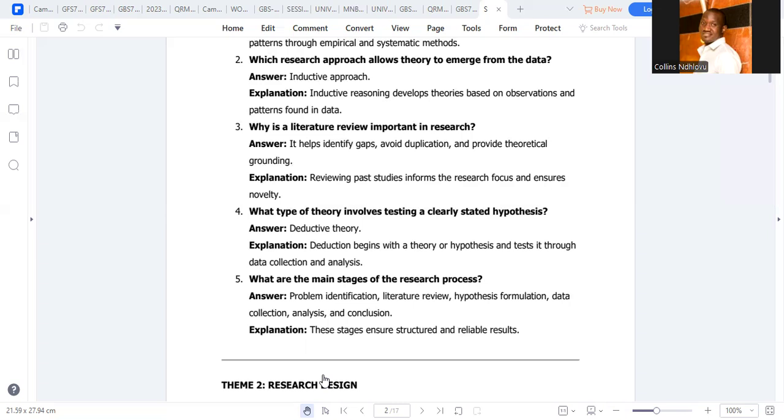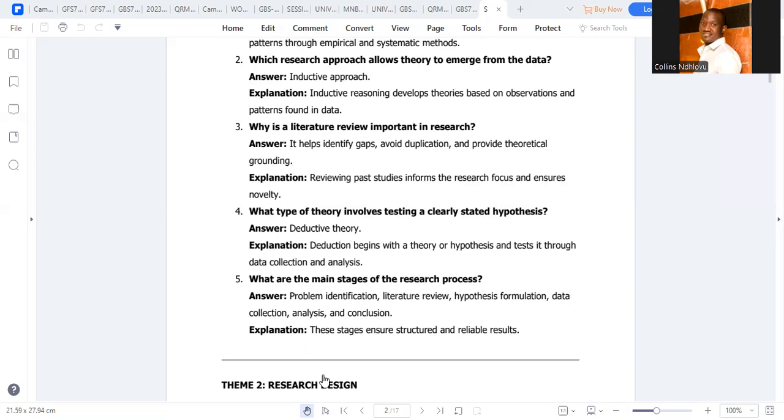So inductive, the difference is in terms of the nature. Inductive works on specific observations or evidence to a broader generalization. So it starts with instances where you observe, identify patterns, then you form a general conclusion.